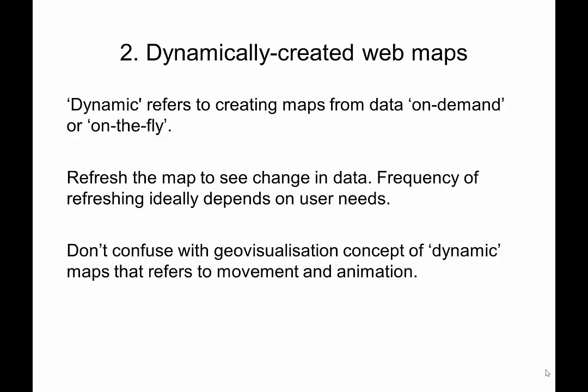One of them is in geovisualization, and under geovisualization, dynamic means movement and animation on a map. It doesn't refer to how that map is created from the data. So you may see dynamic used in different contexts. Be sure you understand the Geoweb context of made on the fly.